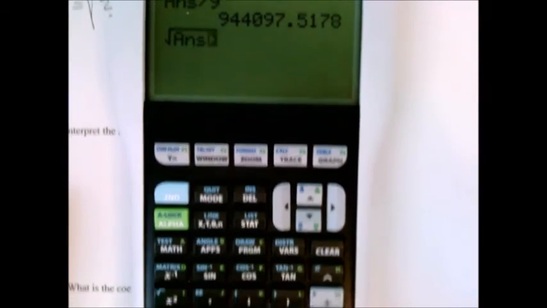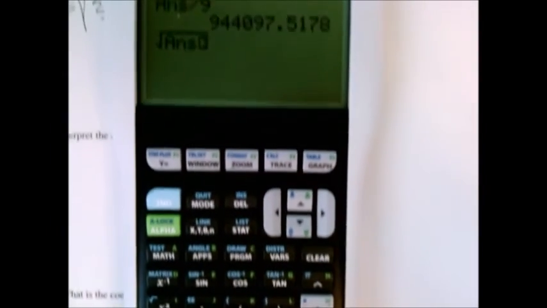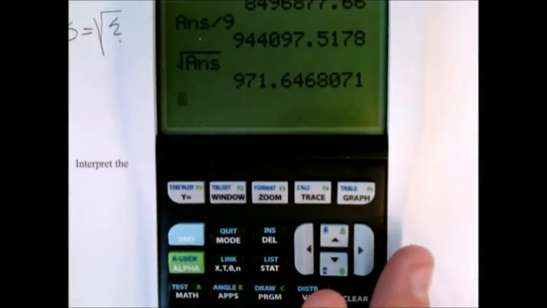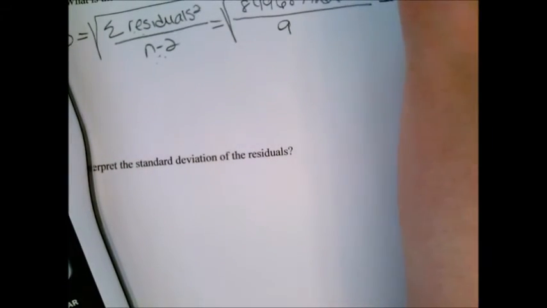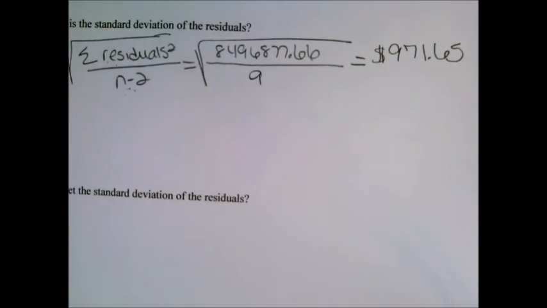The answer button is right there. Hit enter, and that gives me $971.65. Remember, this was about money. That's my standard deviation for the residuals.